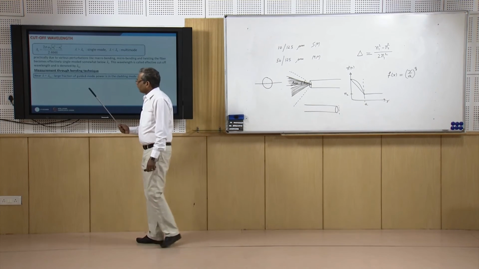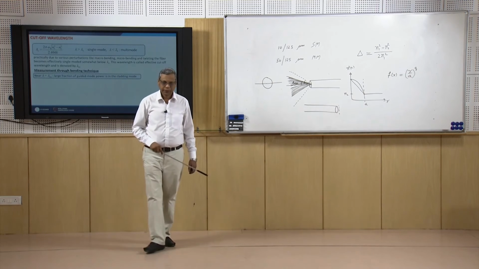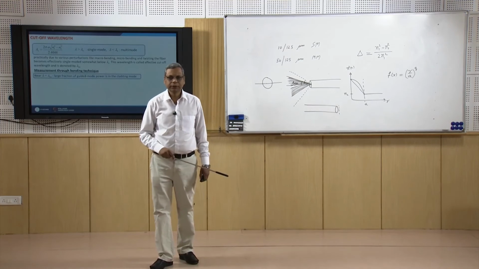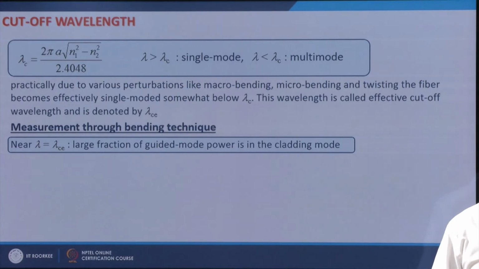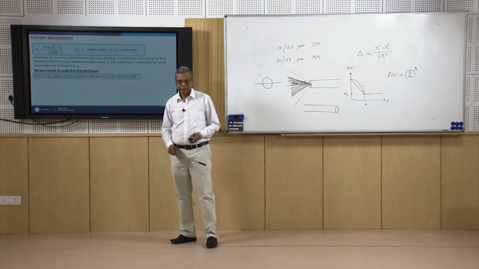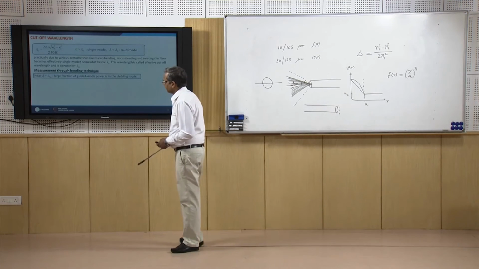If you launch light into the fiber using a broadband source, maybe a white light source, and then measure the bend loss at different wavelengths, let us see how it works.